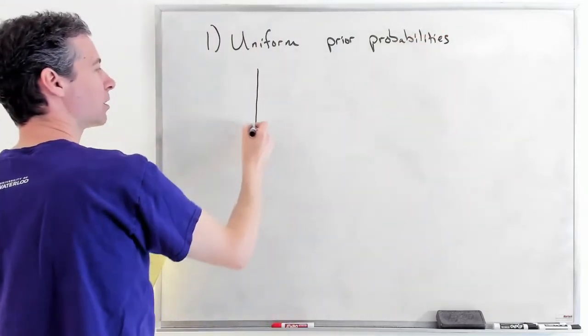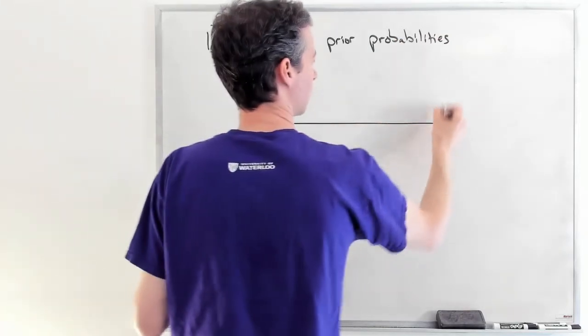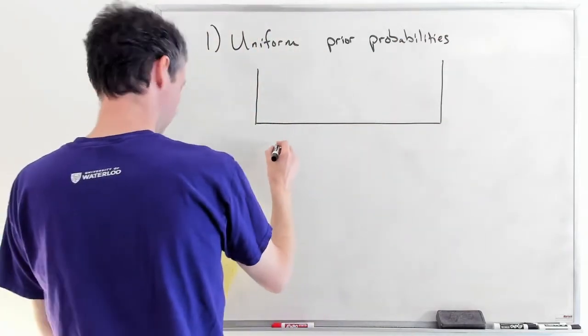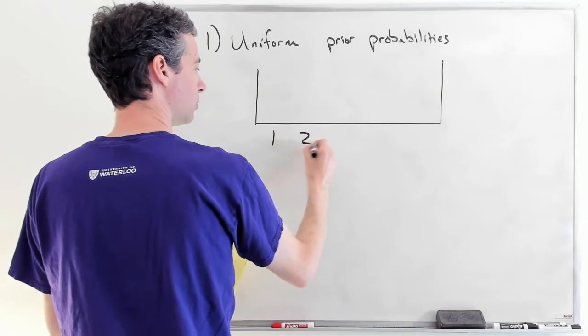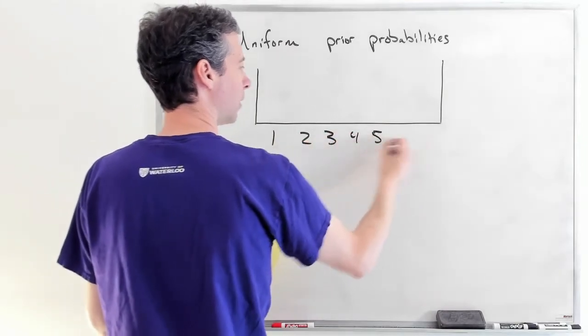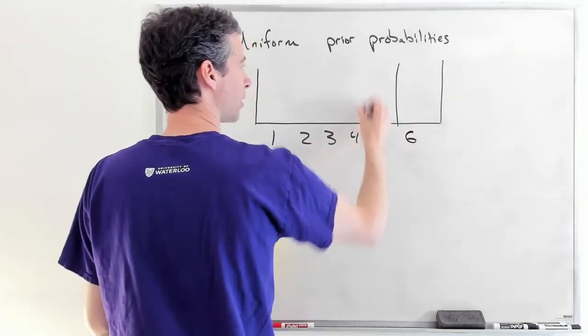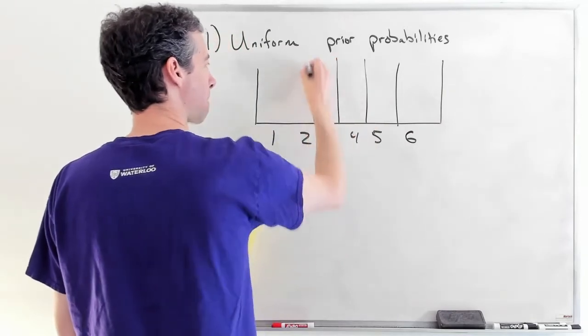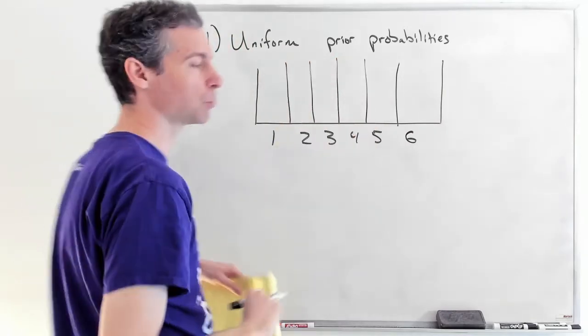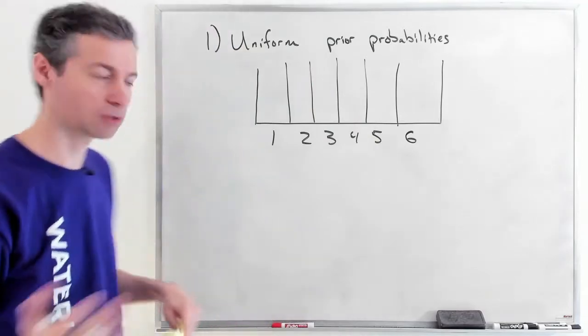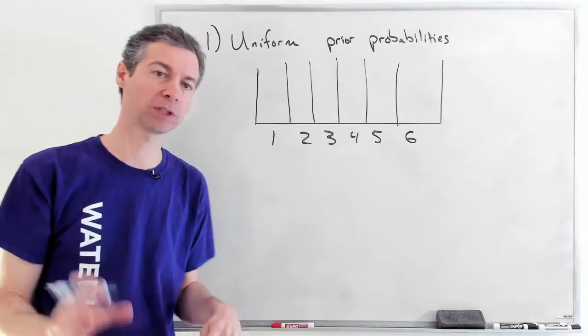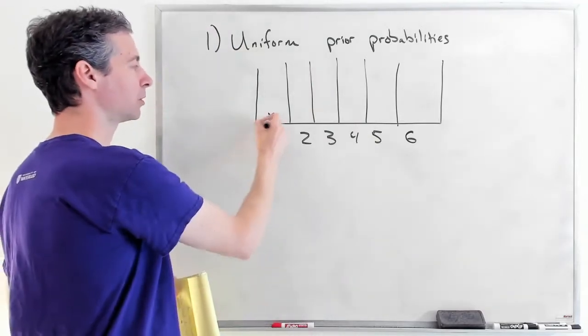Let me draw it as this picture here. I like this picture. 1, 2, 3, 4, 5, and 6. These are little bins, or I can keep track of counts. So if I was to be rolling it, and I rolled a 1, I would put a little X here.